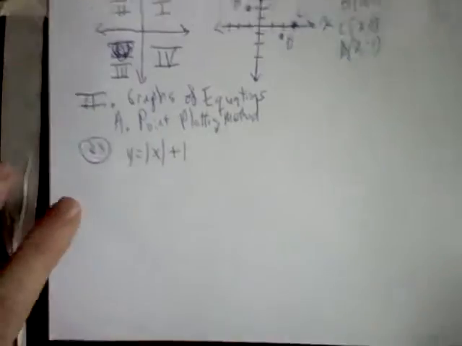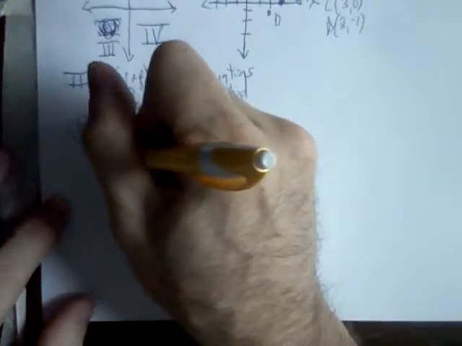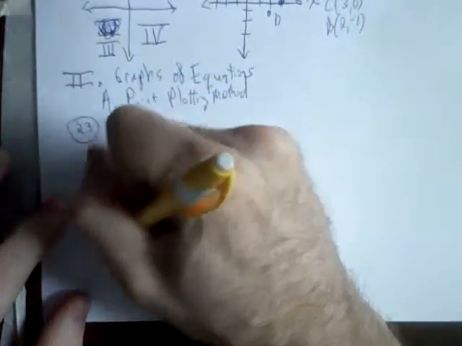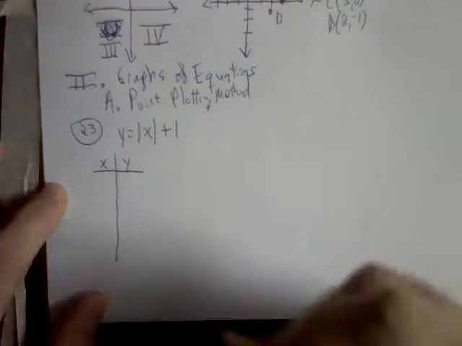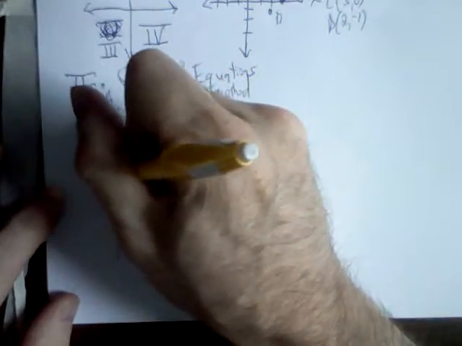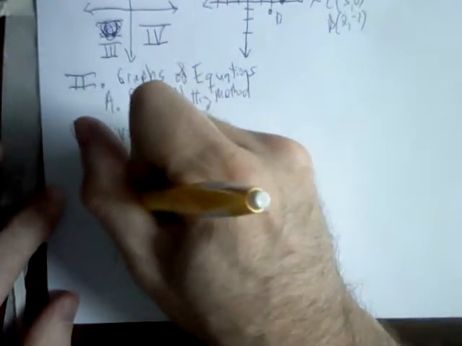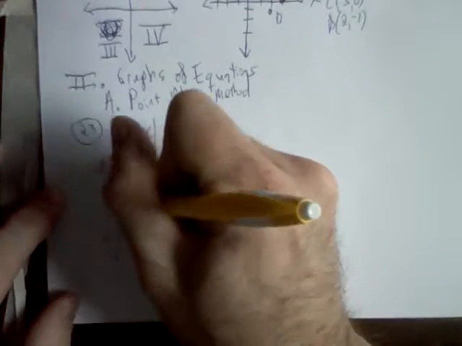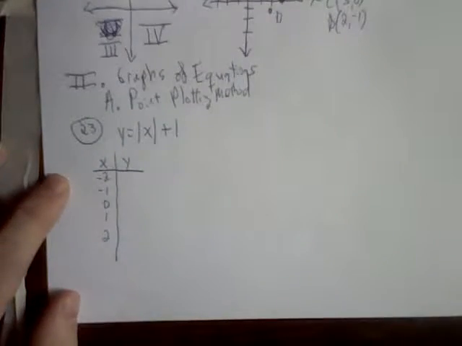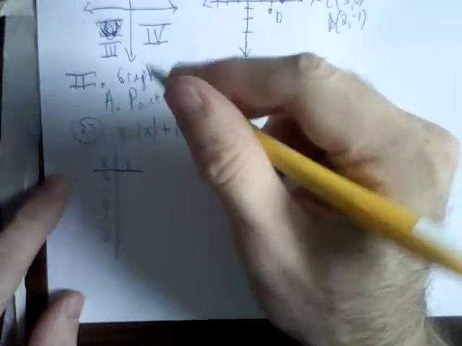Okay. So number 23, I'm going to do a t-table, and I'm going to go from negative 2 to positive 2. I'm just picking these x values. Usually you'll pick values around 0, and the book will tell you which values to pick.